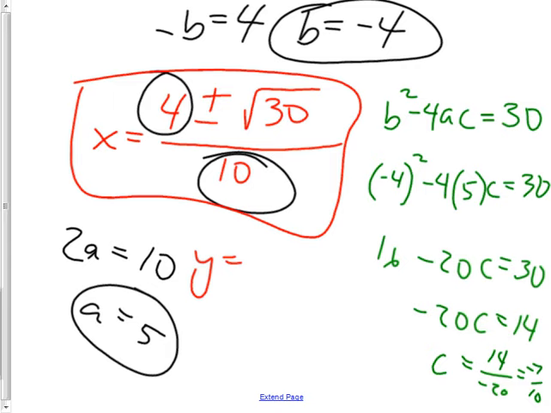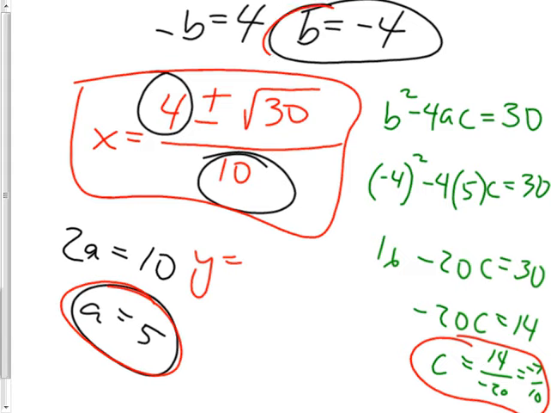Okay, that's great. You found c. My point is what you have found when you've got a and b and c is you actually have an equation. So tell me the equation. Come on, you can do this. Yes. Yes.